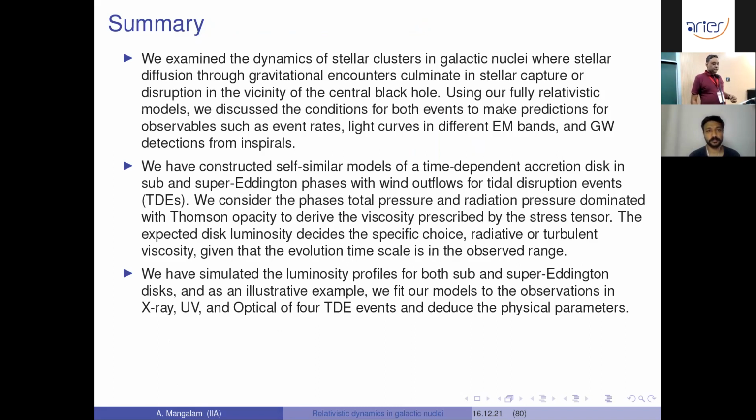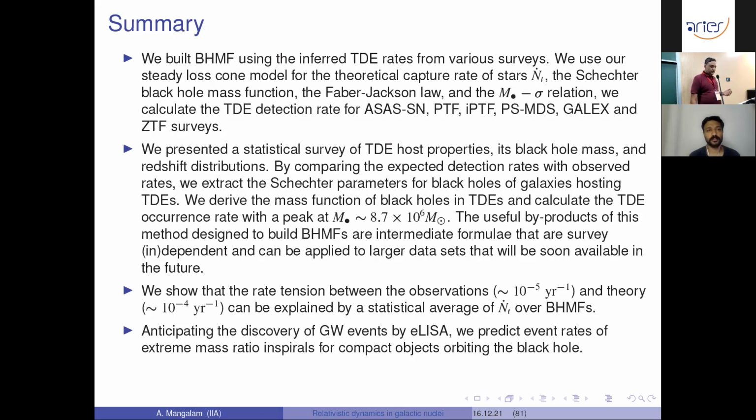Using a fully relativistic model, we can calculate conditions for both events, TDEs or MREs, and we have the technology to look at the light curves developed for electromagnetic emission. We have also developed rates for gravitational wave scenarios, occurrence rates.